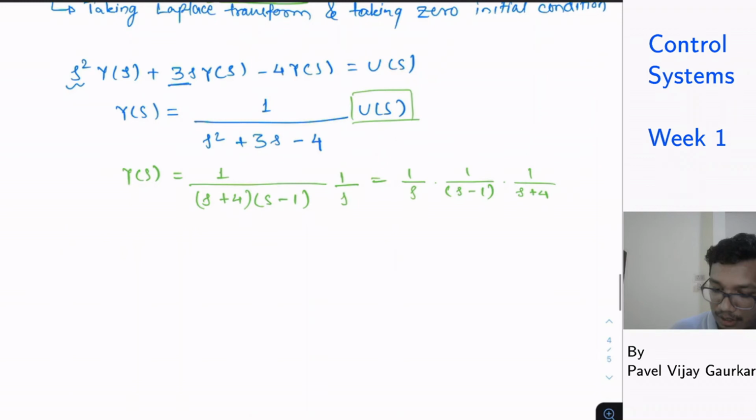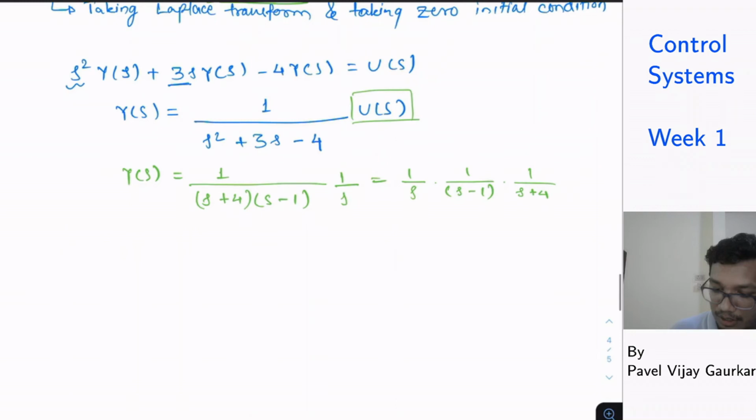The inverse Laplace transform will be for the form y of s equals a by s plus b by s plus 4 plus c by s minus 1. We'll just cross multiply these terms and come up with an expression. Then we'll compare the terms.